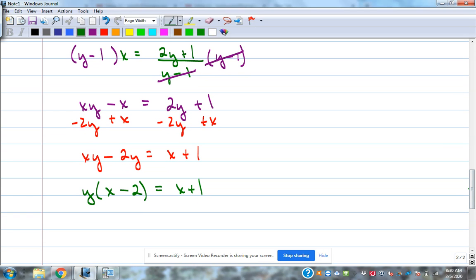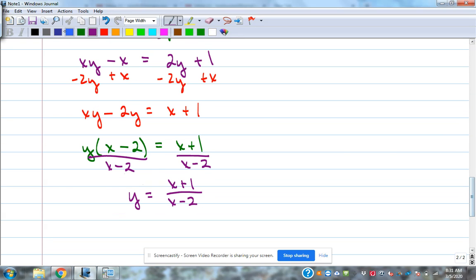And then what's going on between y and the x minus 2? They're multiplying, and the opposite of that would be, what am I going to divide by to leave y by itself? I'm going to divide by this x minus 2. There's y equals x plus 1 over x minus 2.